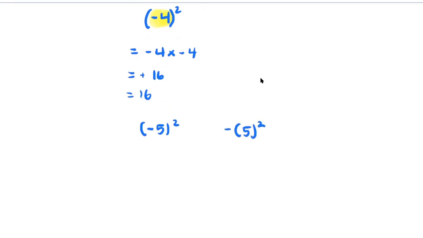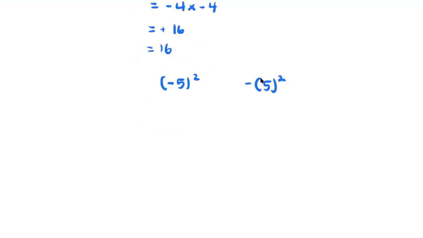Negative 5 squared is negative 5 times negative 5. 5 times 5 is 25, and the negative times the negative is positive, so we have positive 25, which is just 25.